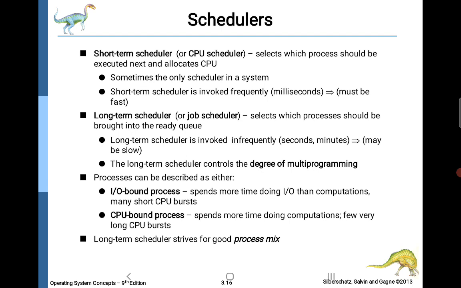While the long-term scheduler is the scheduler that selects the processes that would like to be loaded into the memory from the storage device, from the hard disk, and loads them into the memory. And this selection process happens with criteria.